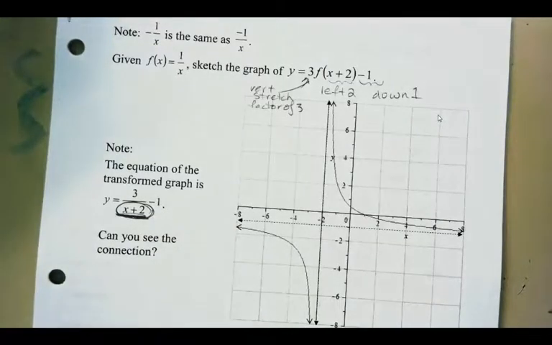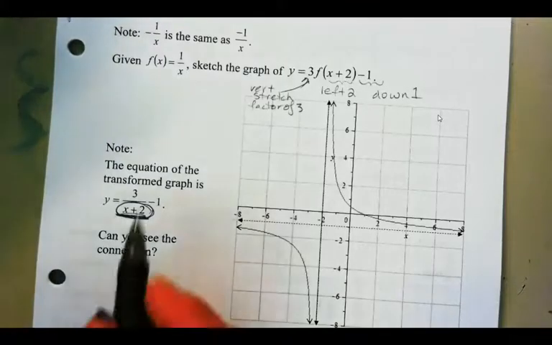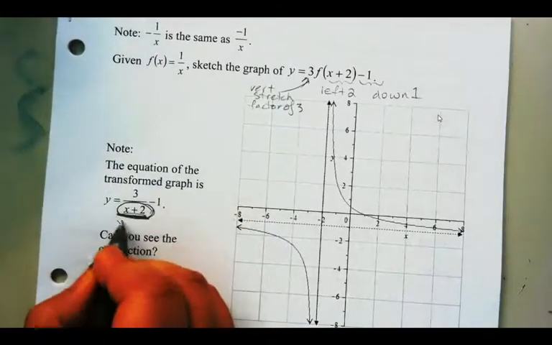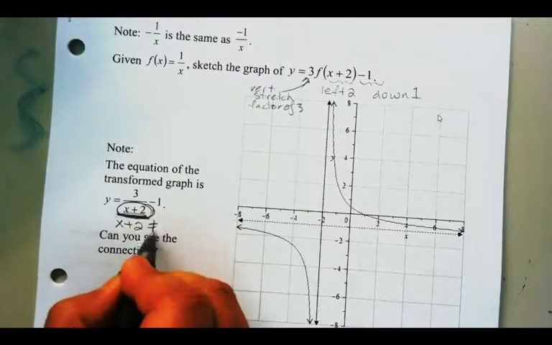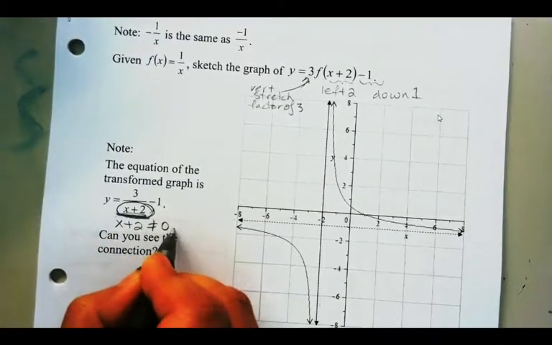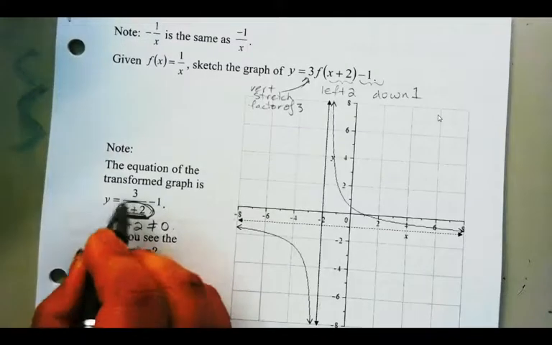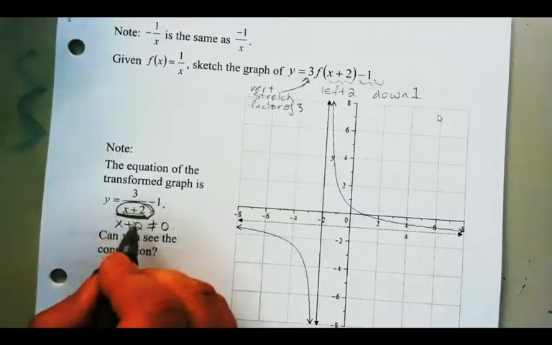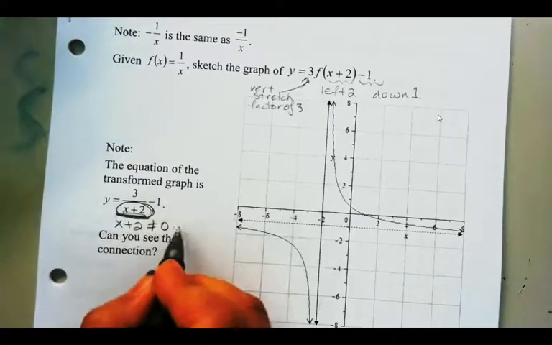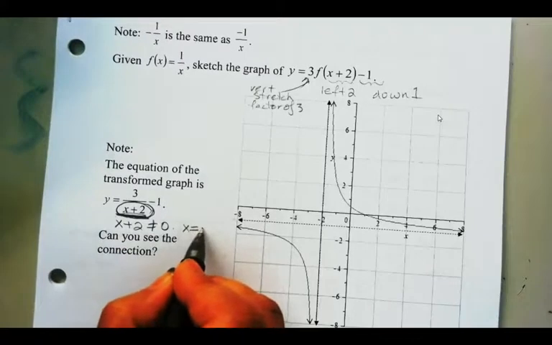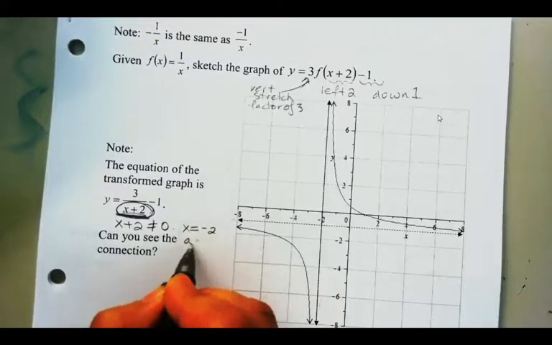So the asymptote. So you've got x plus 2 in the denominator, right? Now we know that x plus 2 can never equal 0, right? Because that would deem this part undefined. So that's going to be an asymptote. So x equals -2 is an asymptote.